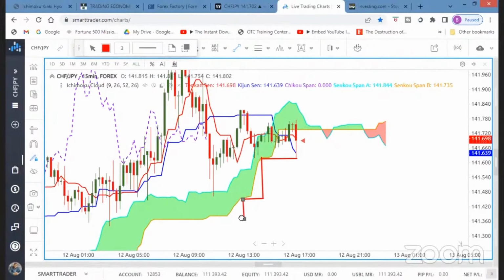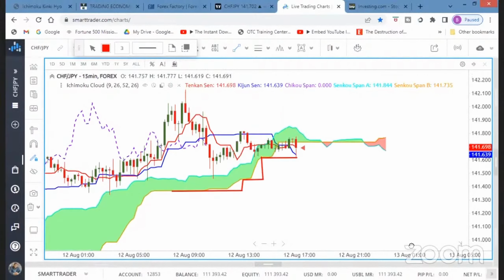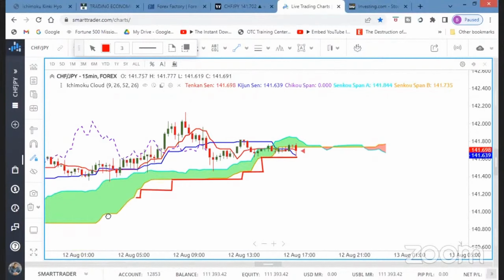See how it pulls all together again at a glance, Ichimoku, right? You see this little level here? Those are levels. Those are supports coming in there, right? Yep. So yeah, go ahead, Ryan.